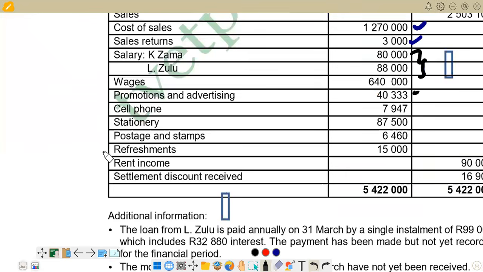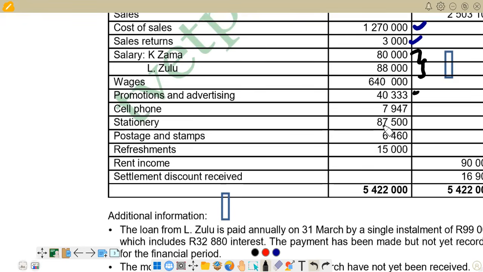We've got cell phone, 7,947. There is no adjustment. If there is any adjustment, you adjust first and then put the net figure there. Cell phone, we've got 7,947.